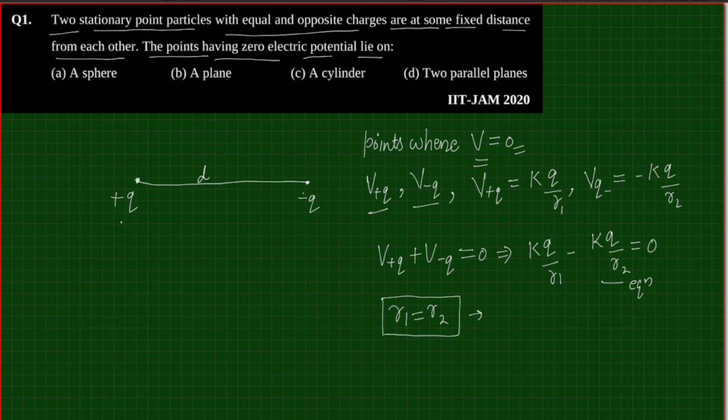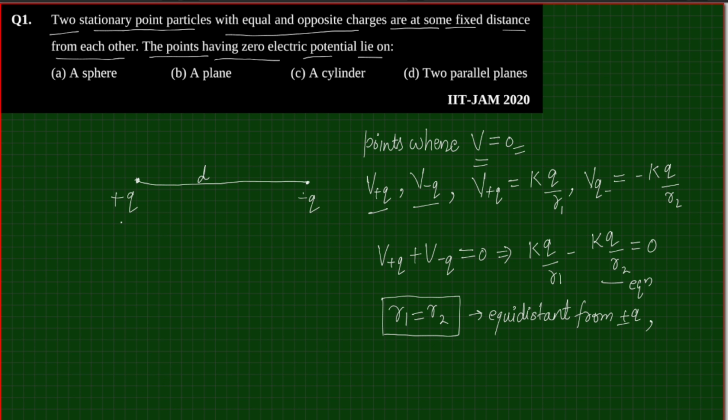So this is the condition where the potential due to plus q and minus q may be zero. It means the points should be equidistant from both of the charges.